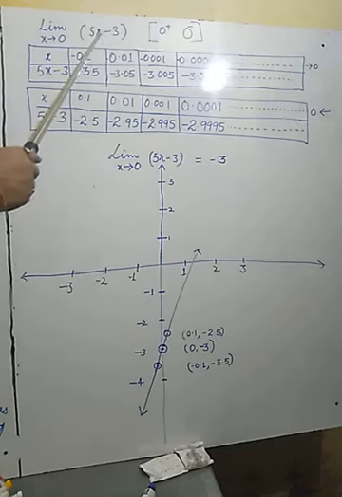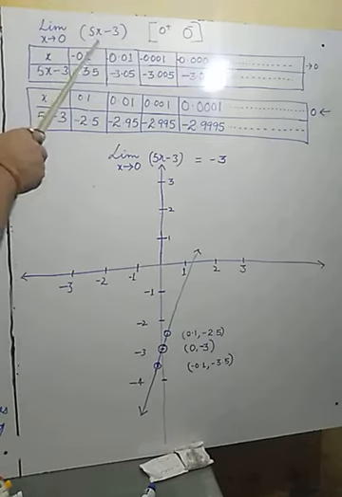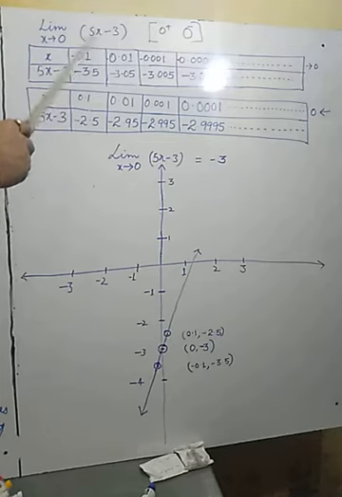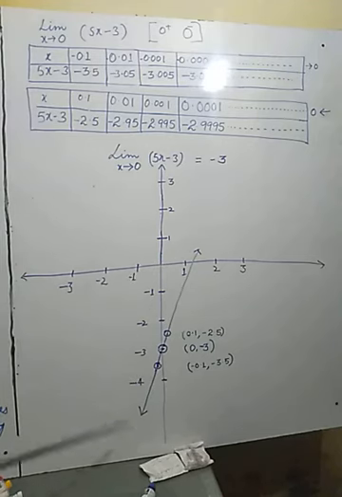Since this function is a linear equation, it will always represent a straight line. The degree of this polynomial is 1, so it is a linear polynomial, and it will always represent a straight line.